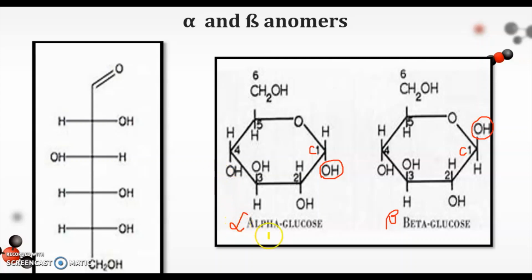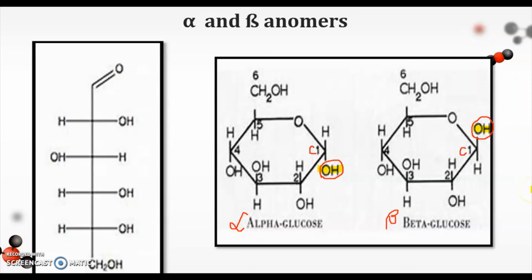For alpha glucose, we will see that the hydroxyl group is attached on the C1 carbon, specifically below. Whereas for the beta, on the C1 part of the ring, it is positioned in the upper portion.